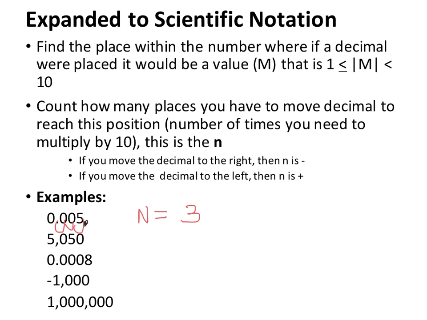Did I move it from left to right or right to left? I moved it from left to right, so I moved it to the right, so n will be negative. So it's a negative there. So when we write it out, my new number is 5, because that's where my new number is, 5 times 10 to the negative 3.